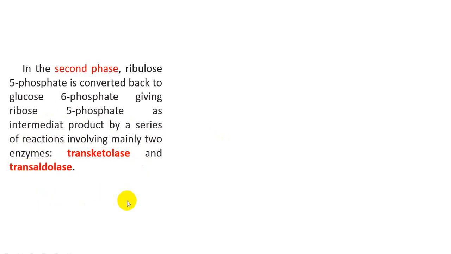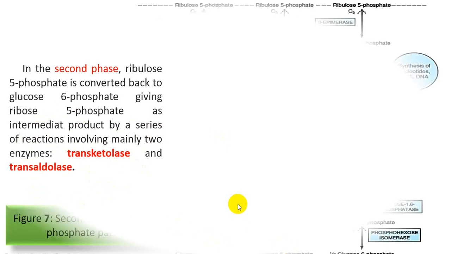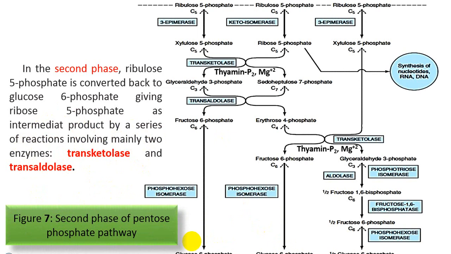Let us see this diagram. Let us go back a little bit. In this first phase, there is conversion of glucose 6-phosphate to ribulose 5-phosphate.